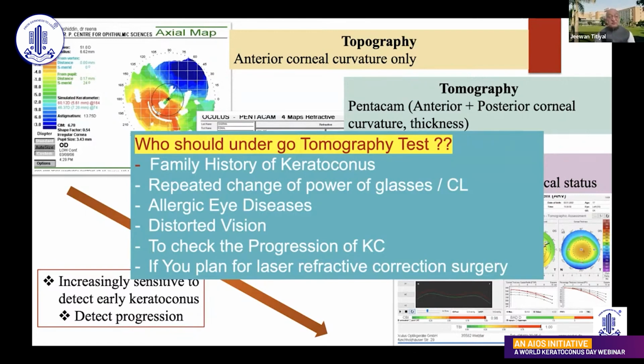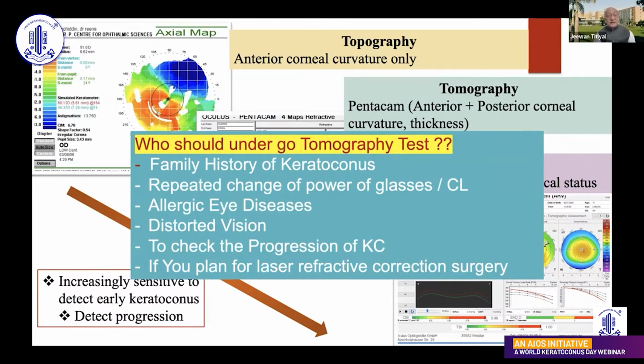But if you're suffering from keratoconus and have undergone some treatment, this is the device where we can check for progression, or what is happening to your eye with the keratoconus. We pick up this disease much earlier than before, because we didn't have these devices earlier. Thanks to laser refractive surgery, where these instruments are compulsory.